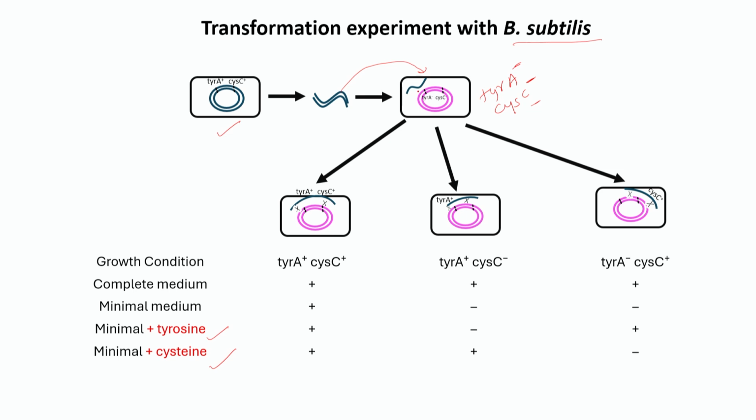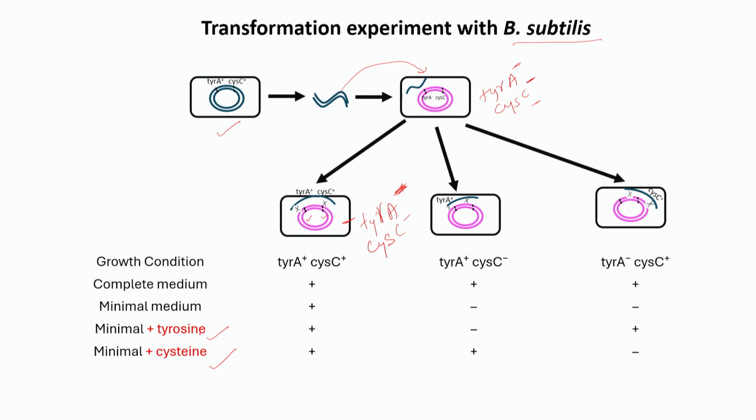This part of the genomic DNA, as I said, may have TYR-A plus or CYS-C plus. There is one possibility that both the genes get the opportunity to recombine with the genomic DNA. In that case, this bacterial cell, which is normally TYR-A minus and CYS-C minus, will not grow on the minimum media.